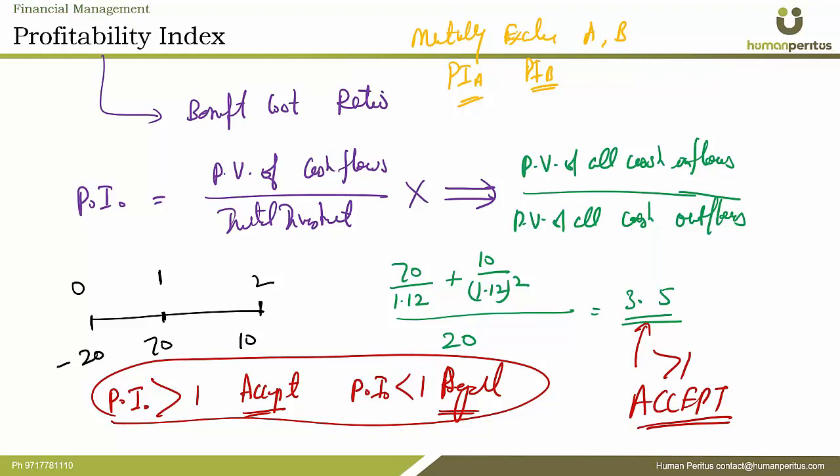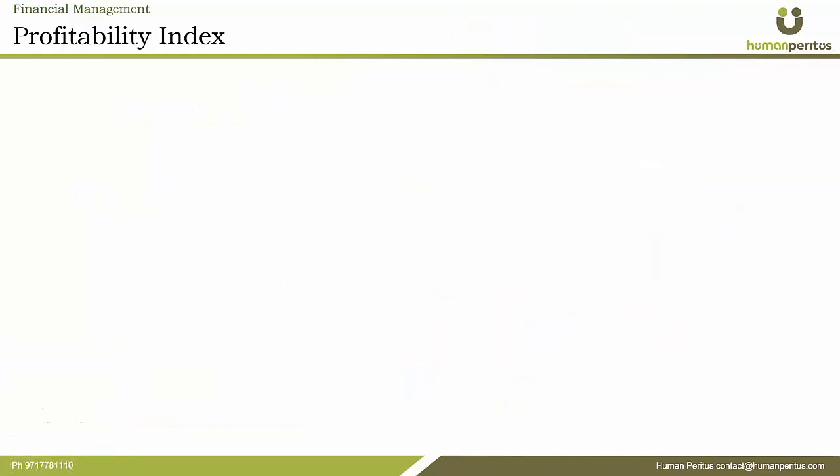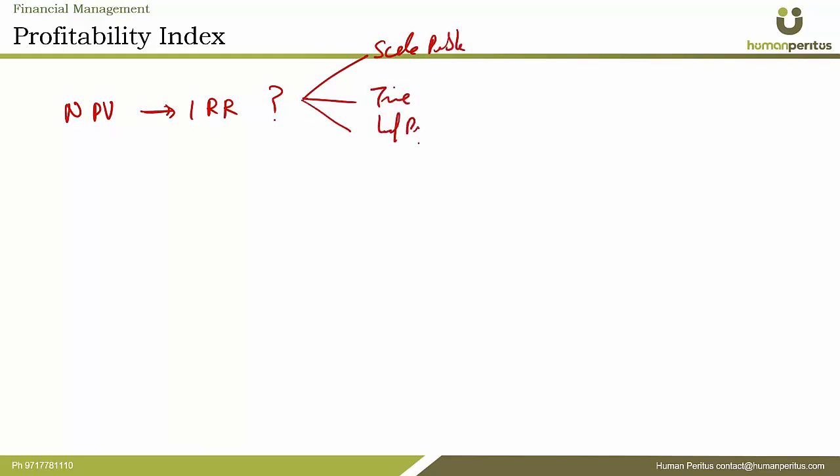Few more things about profitability index, guys, although you will rarely need it from an exam point of view. There were problems between NPV and IRR. There are conflicts between NPV and IRR because of three reasons, right? Scale problem, or time problem, or life of project.